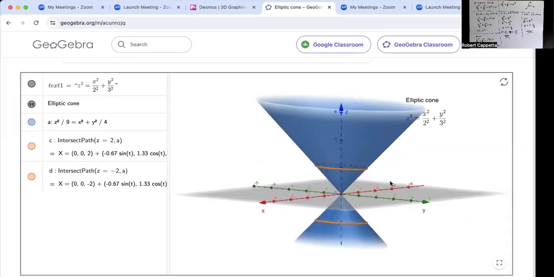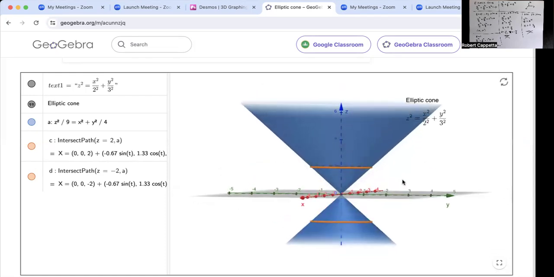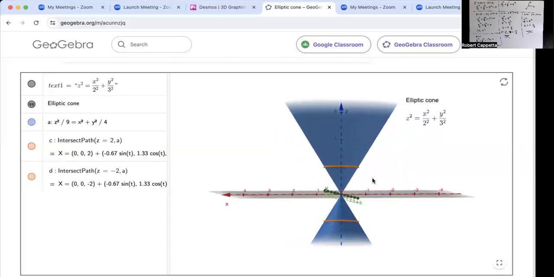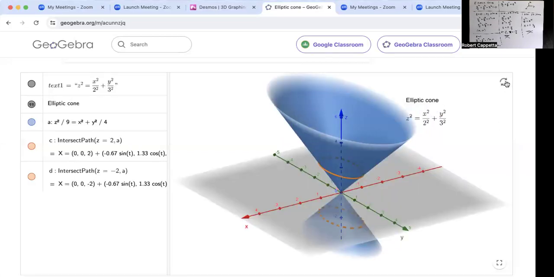Notice we can see that we have 2 ellipses there. And do you see the intersecting lines? Looking at it from this perspective, we see a pair of intersecting lines. And looking at it from this perspective, we see a pair of intersecting lines. And our result for that thing is what we call an elliptic cone.